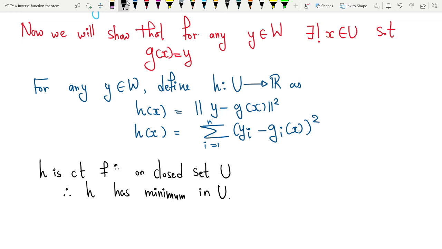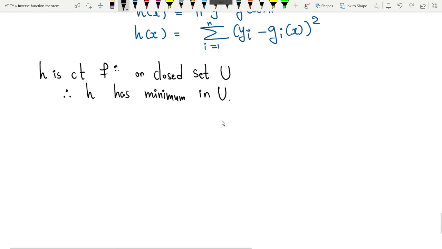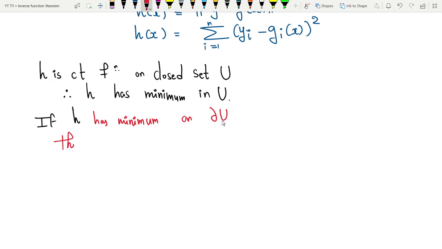But what we see is, suppose it has a minimum on the boundary, what will happen? If this h has a minimum on the boundary of U, then there will exist some x on the boundary of U such that my h(x) would be less than or equal to every value of h.